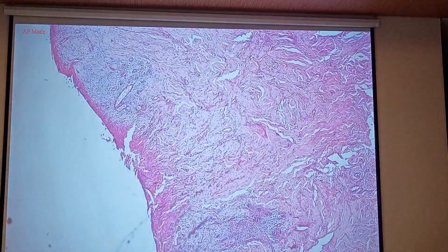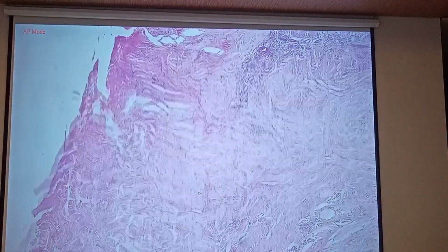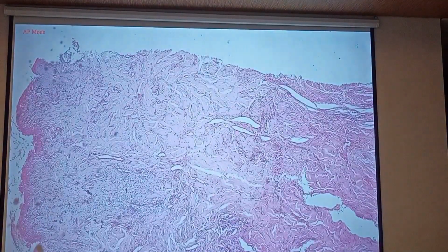Now, when we talk about healing, let's look at the healing process. So we've got slides that essentially show you the healing process. This one, I think, is a scar tissue, slide number 88. Okay.